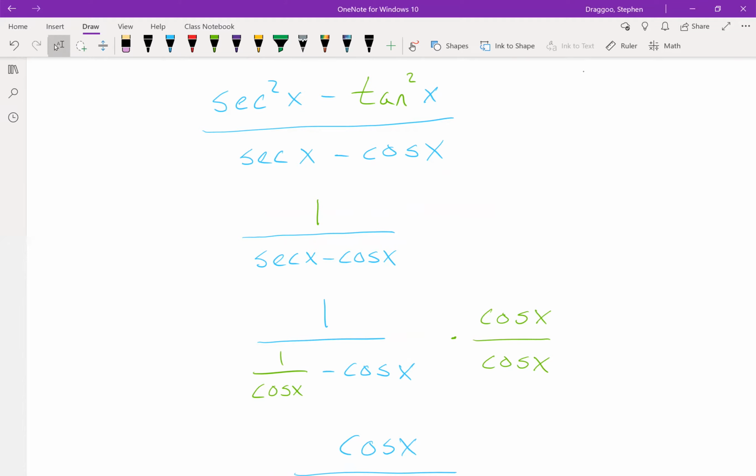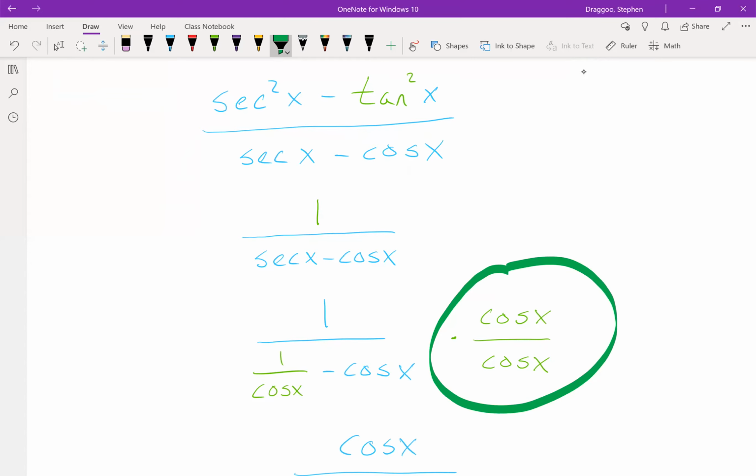And then into the next step, I elected to change everything to sines and cosines. Really, that just meant changing secant to 1 over cosine. Now I've got an extra denominator going on that I would like to clear. So because I have this extra 1 over cosine within my denominator already, I'm going to multiply top and bottom by cosine of x.